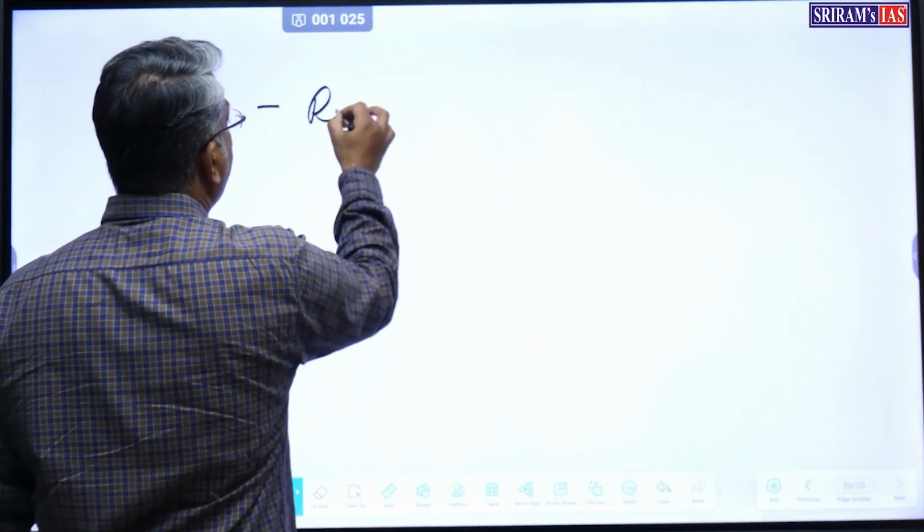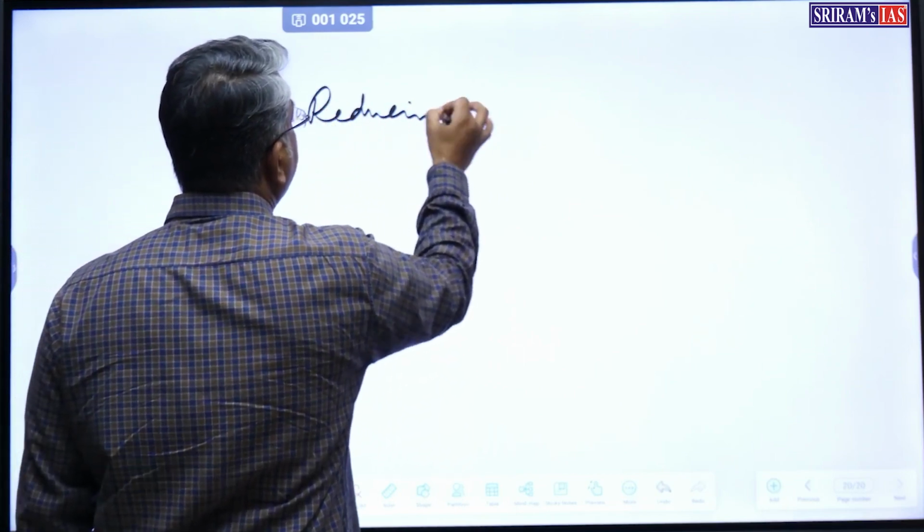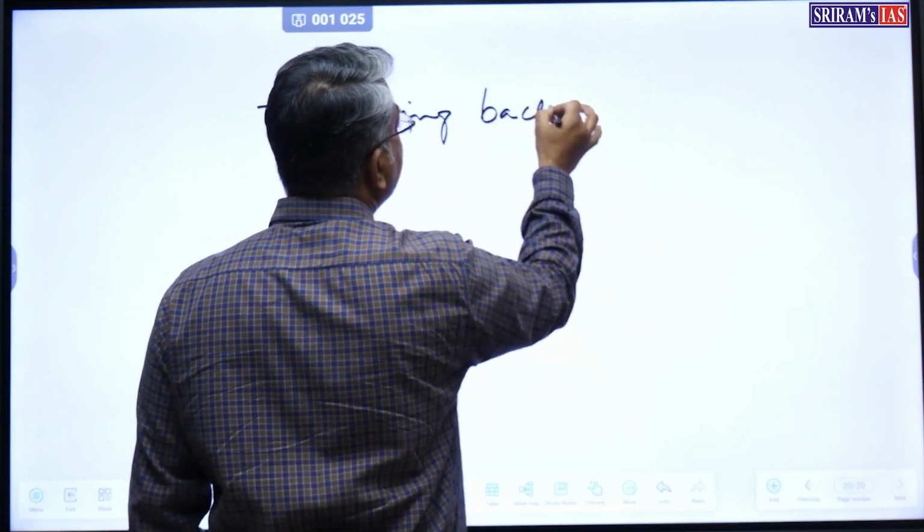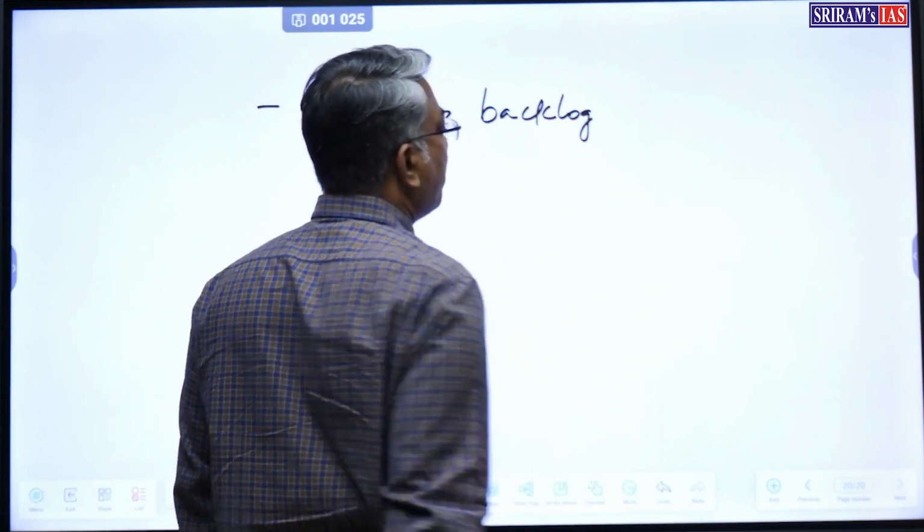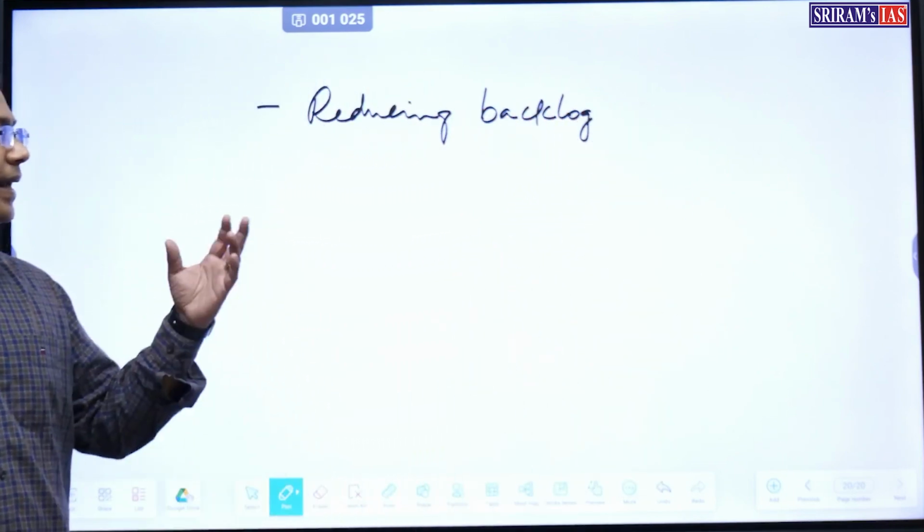Reducing backlogs. The Indian judicial system is marred by massive backlogs or pending cases.